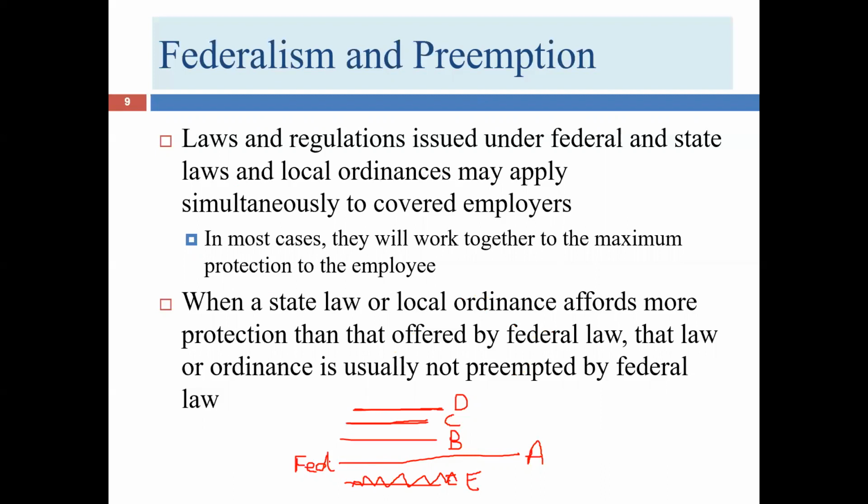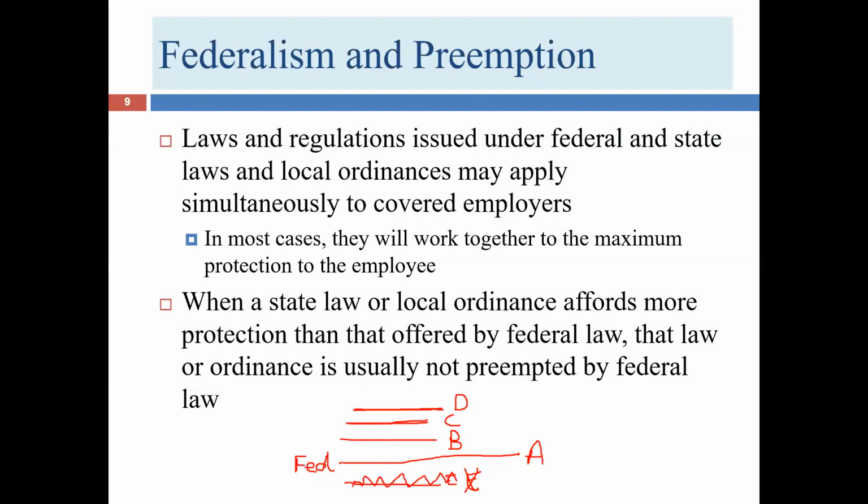Federal law controls, and so E doesn't apply. But we say that federal law does not preempt states A, B, C, and D because they provide the same or more generous benefit. Those laws remain in effect because the federal law explicitly says in those cases, we are providing the floor, not the ceiling. We're not providing the most, we're just providing the minimum level.